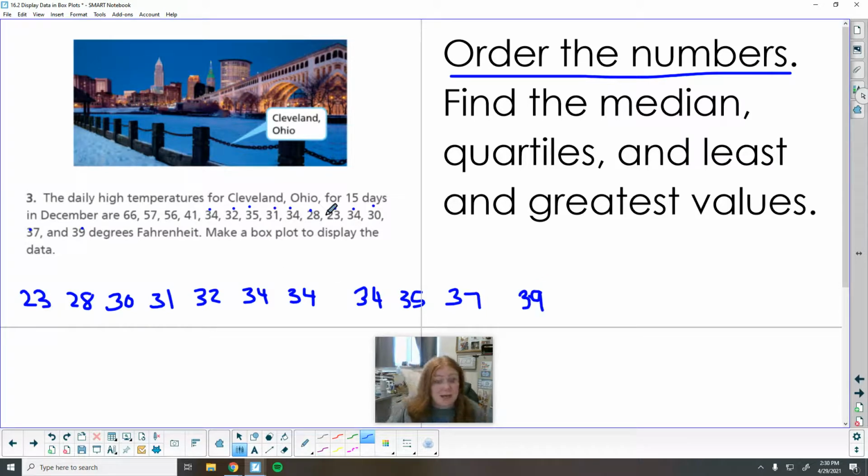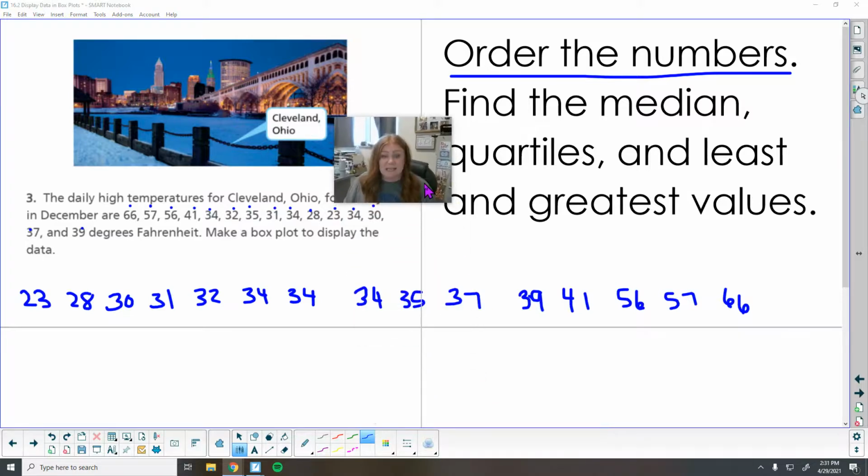Then we have 41, 56, 57, and 66. So I should have 15 numbers here. 1, 2, 3, 4, 5, 6, 7, 8, 9, 10, 11, 12, 13, 14, 15.